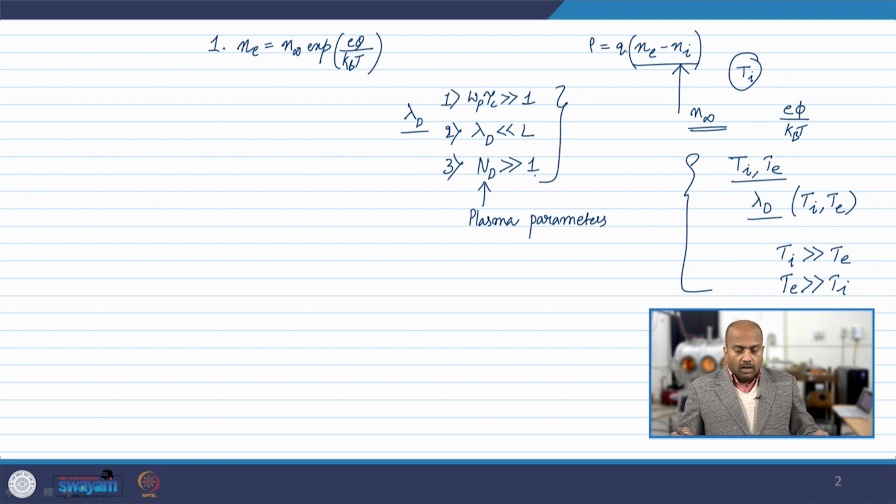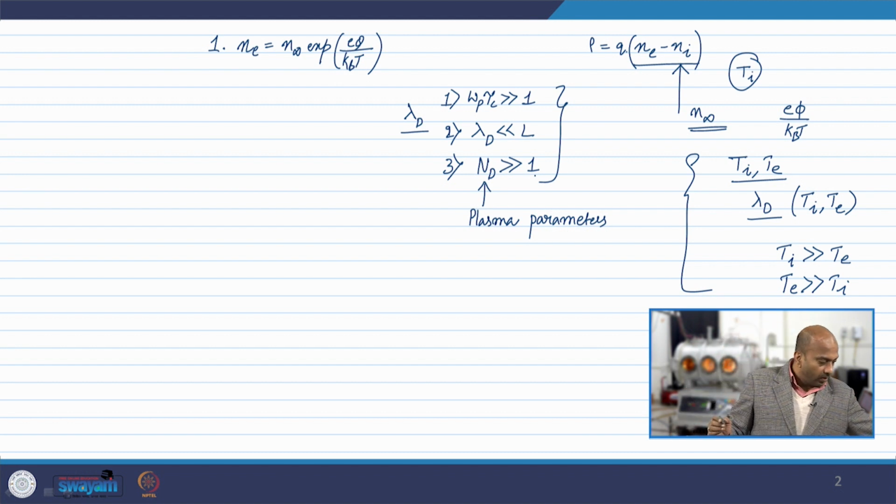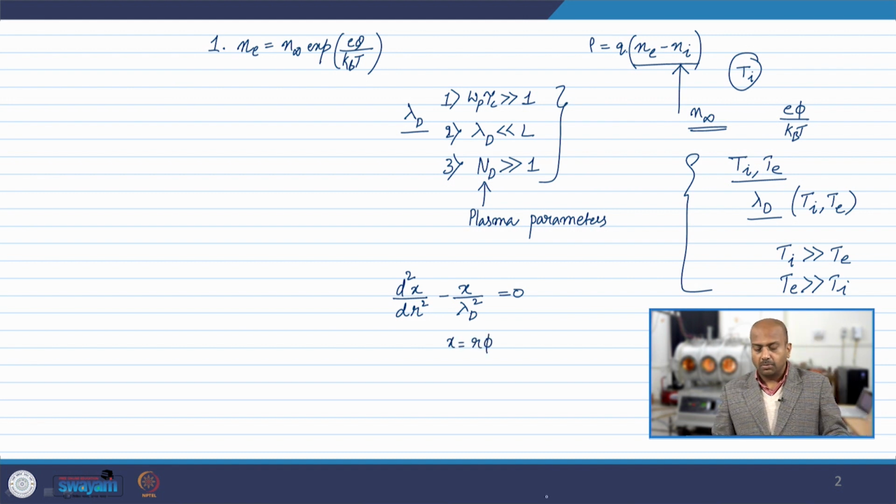All right. Now, looking back, if you remember one equation that we have derived, that equation is the basis of today's discussion, which is d square x by d r square minus x by lambda d square is equal to 0, where x is r phi and phi is the Debye's potential, right.